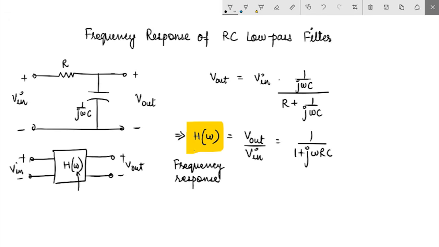Now, since the voltages and the impedances are all phasors, this frequency response, this H of omega, has a magnitude and an angle.